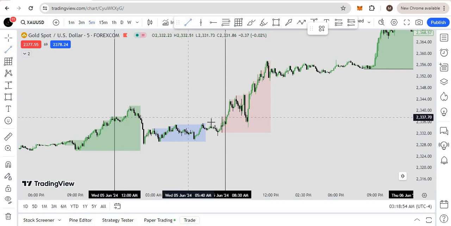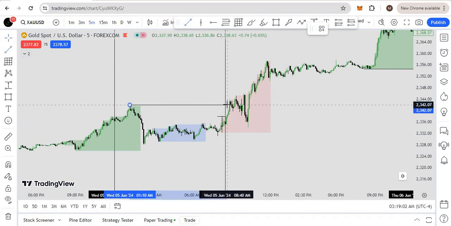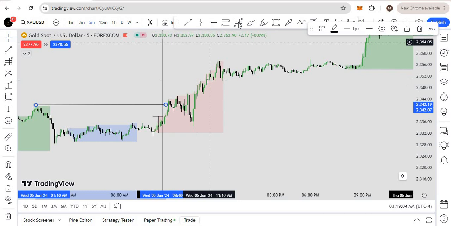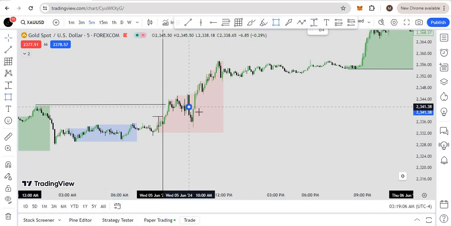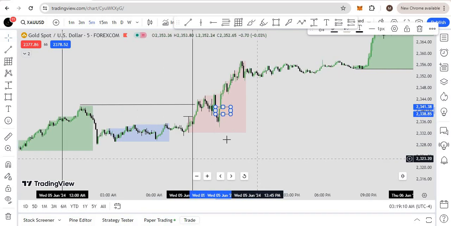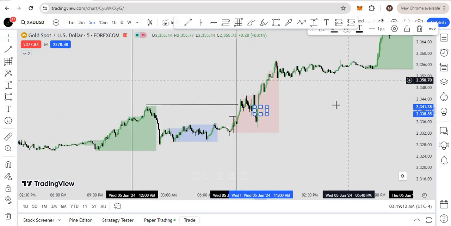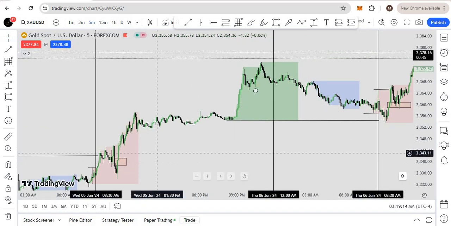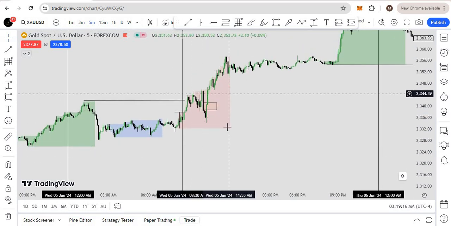Many people got stopped out because the first swing internal liquidity was taken, Asia high, and most probably people think this is the fair value gap where they can take the entry for a sell in this area, but it did not happen because price is bullish, okay?